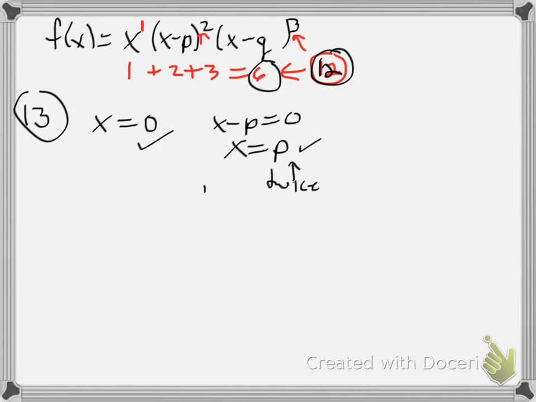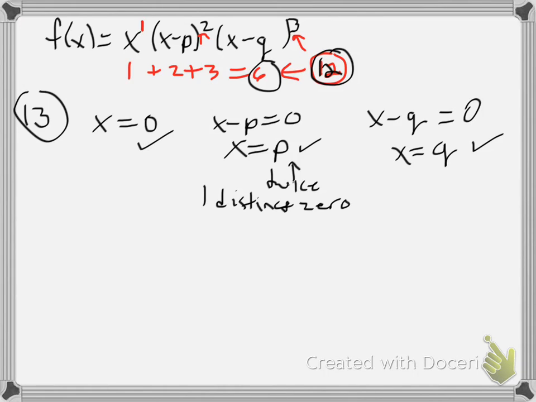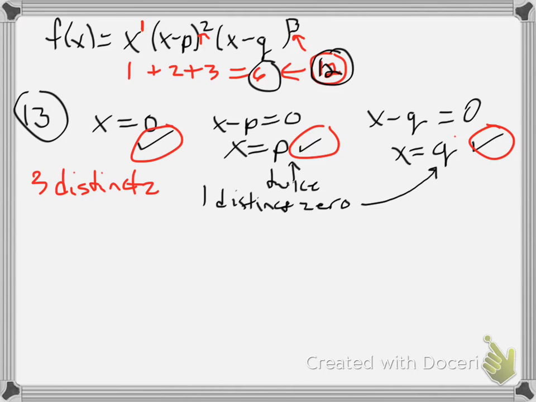So it's one distinct zero. And then the other one is x minus q. Set it to 0 and you get x equals q. So there's a third one. But again, it only happens once, so it's distinct. So we have 1, 2, 3 distinct zeros.